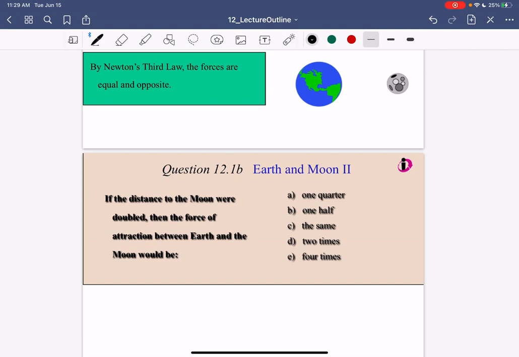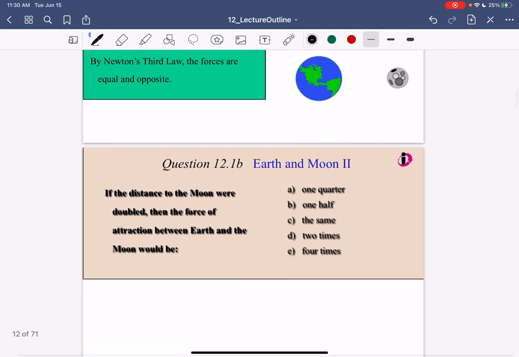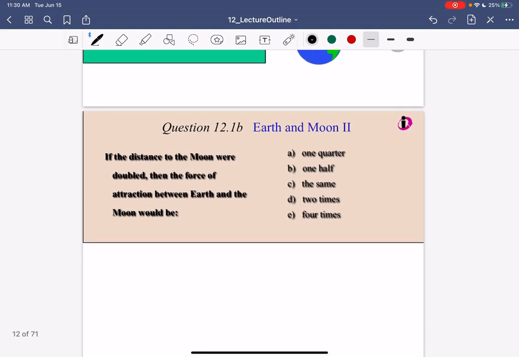Now, if the distance to the moon were doubled, then the force of attraction between the Earth and the moon would be... here I want to show you how we conclude this, because this is a general question. Of course, this is the mass of, let's say, the Earth, and this is the mass of the moon, and this is R, the distance between their centers.